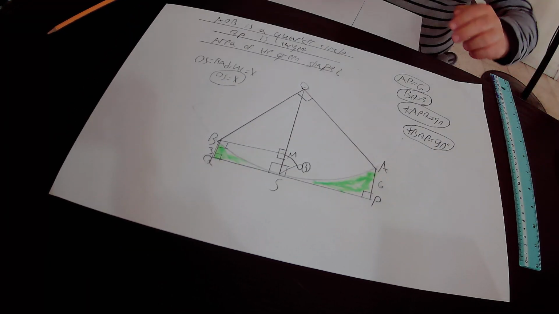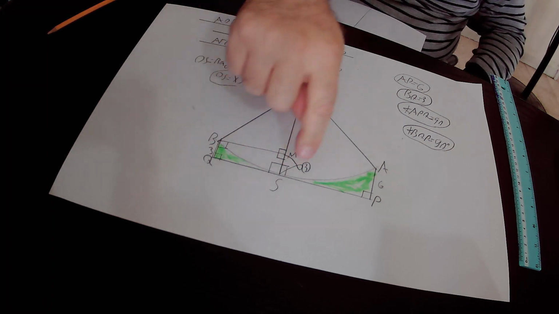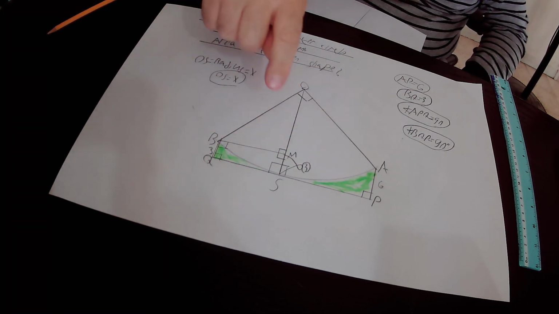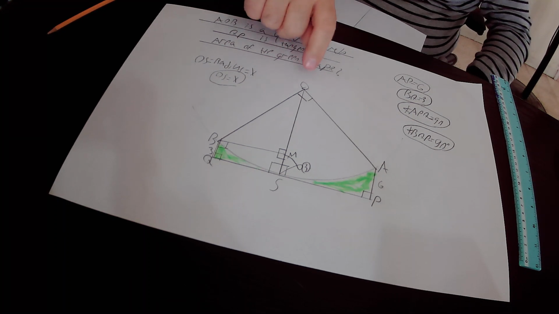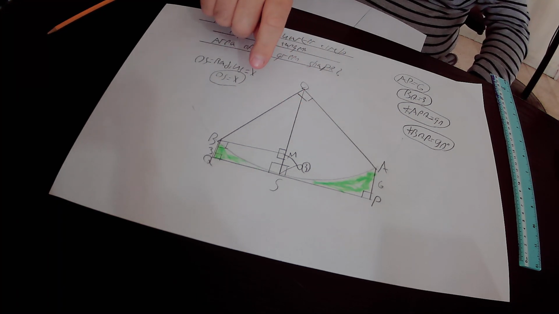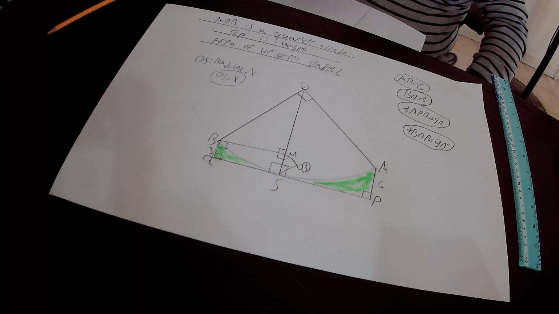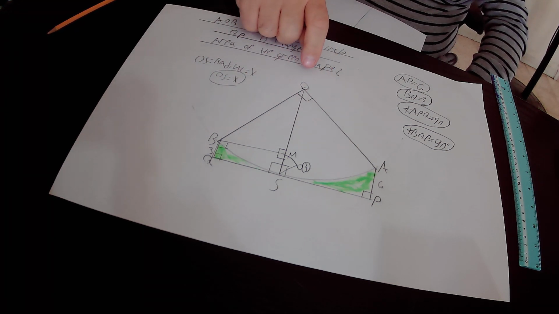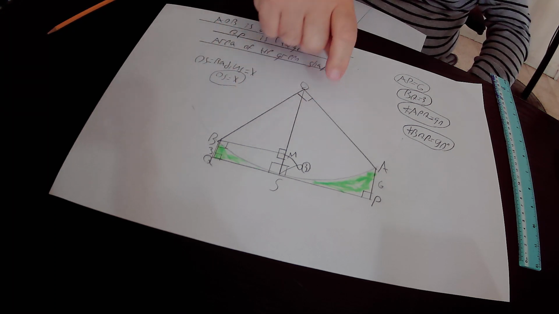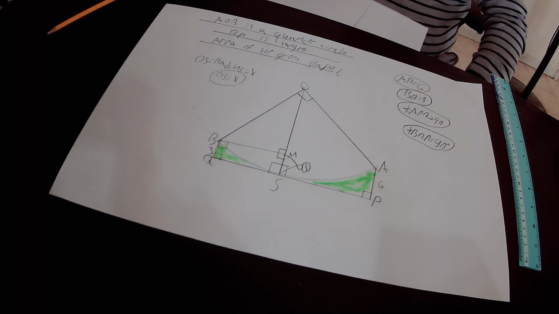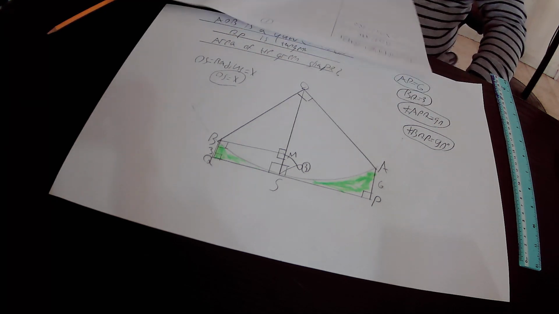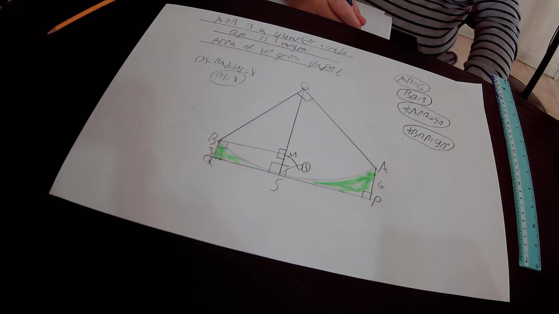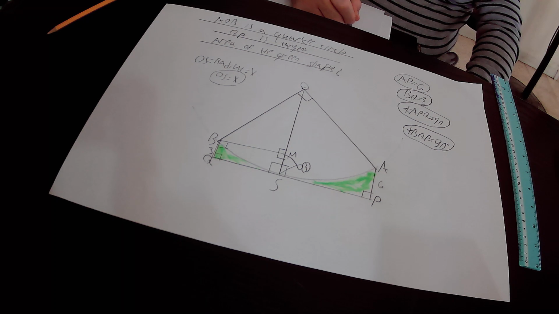In quadrilateral OBQS, side OS is parallel to side BQ, therefore quadrilateral OBQS is a trapezoid. So I write it down: quadrilateral OBQS is a trapezoid.